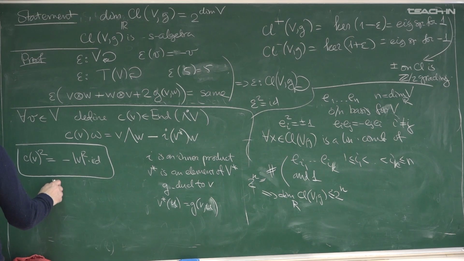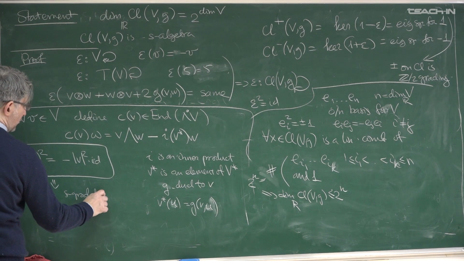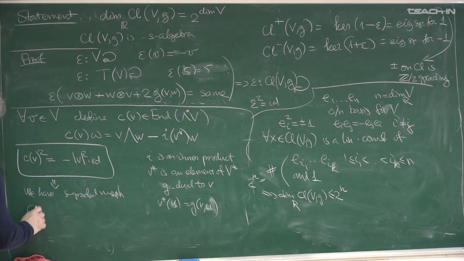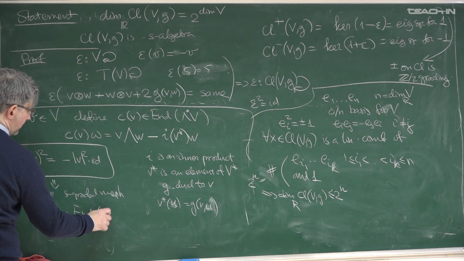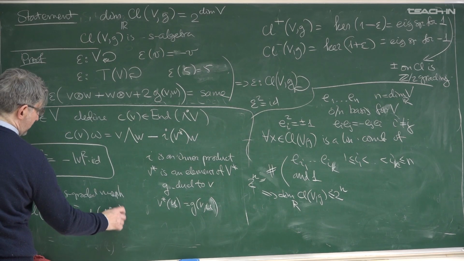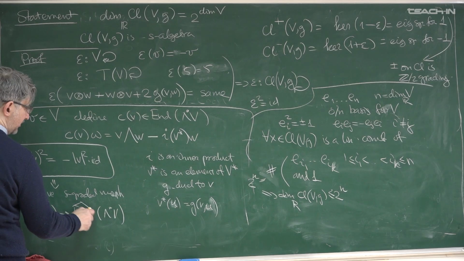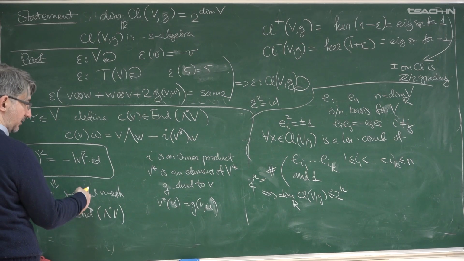So from this it follows we have a morphism of algebras, a graded morphism, of the Clifford algebra to the endomorphisms of the exterior power of V. Since I mentioned that it is graded, I add a hat here, just to stress that we consider endomorphisms of this thing as graded.